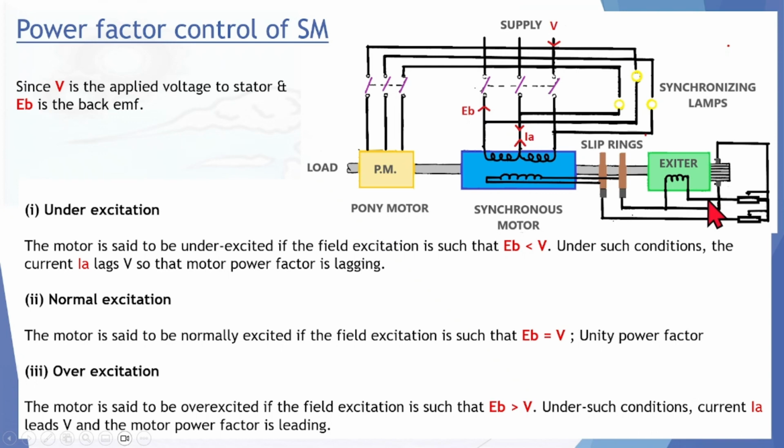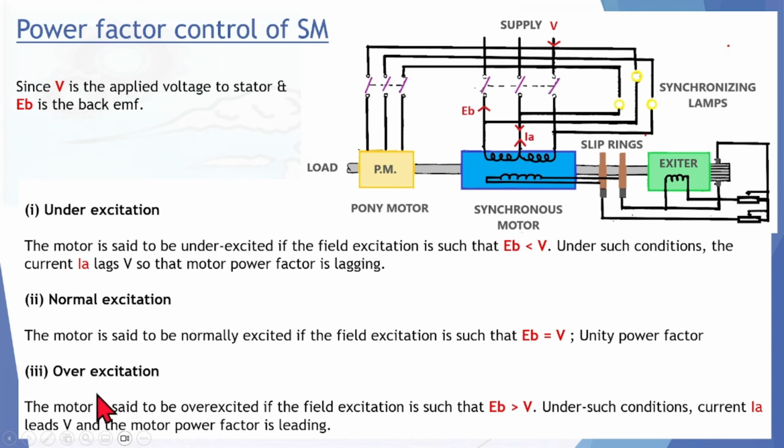If you provide the right amount of excitation, you adjust the excitation so that EB is equal to the supply voltage, we say it is under normal excitation, or the motor is said to run at unity power factor. Whenever EB is equal to V, how do you control that? By controlling the excitation.